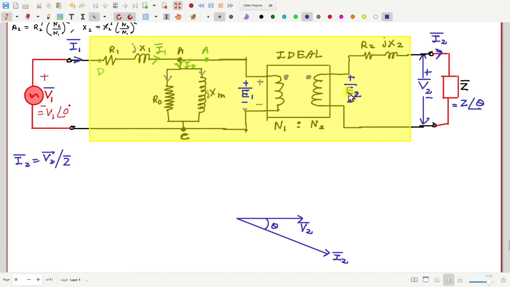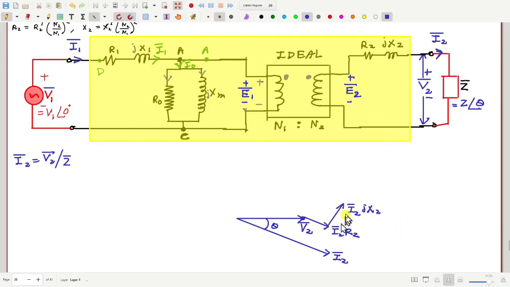Now once I know I2, starting from the tip of V2, let me draw a phasor in the direction parallel to I2, representing the voltage drop I2R2. That is the voltage drop across this resistance. And perpendicular to it is the voltage drop I2JX2.